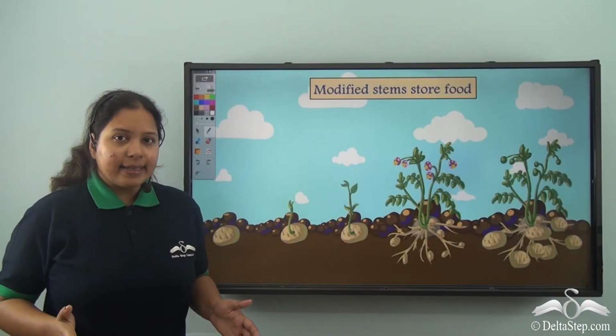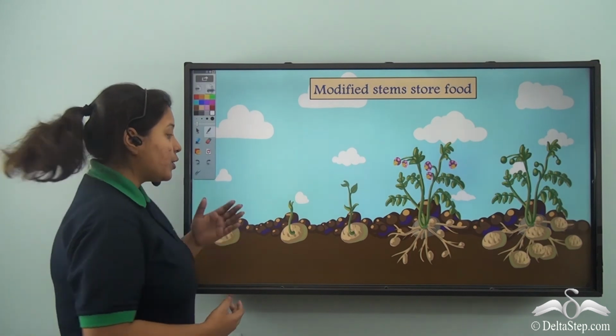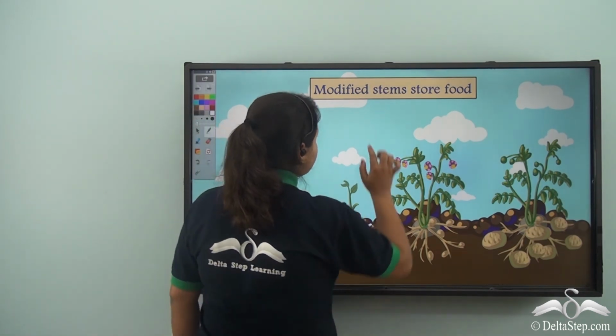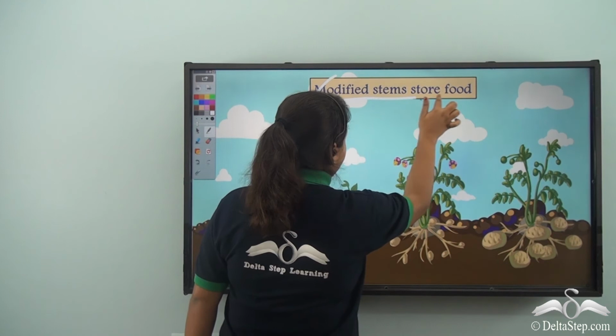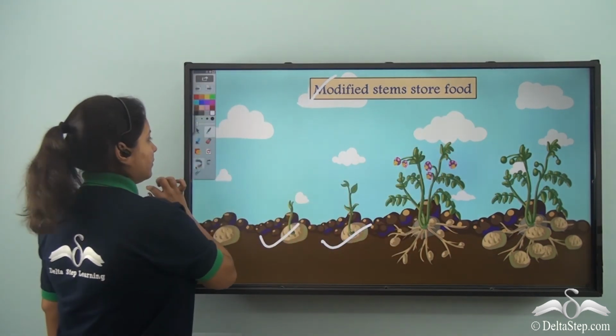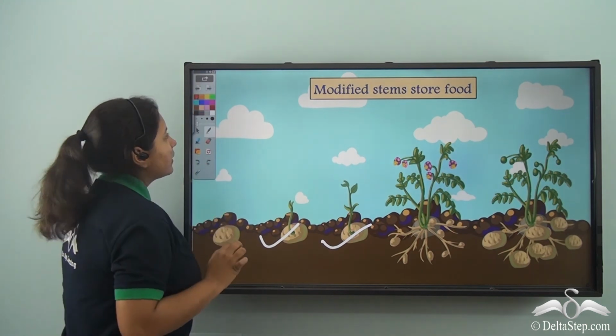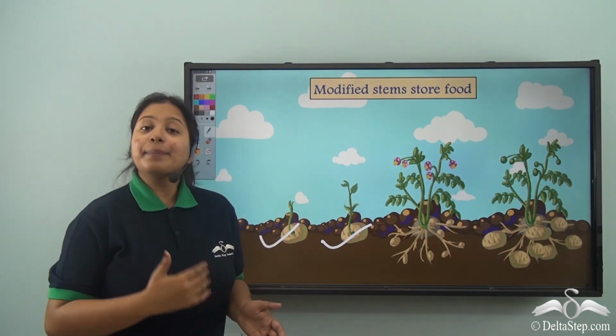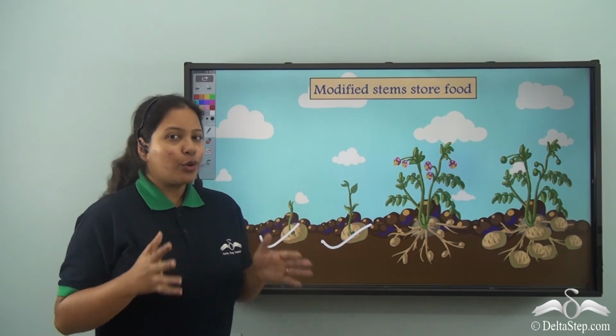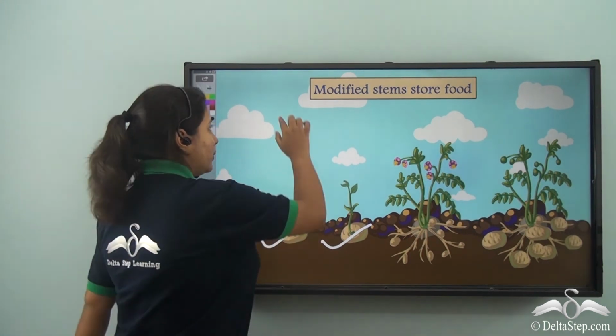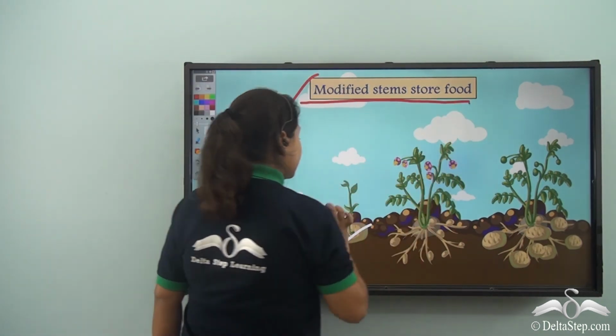And finally, the type of stem which stores food for the plant is known as the modified stem.